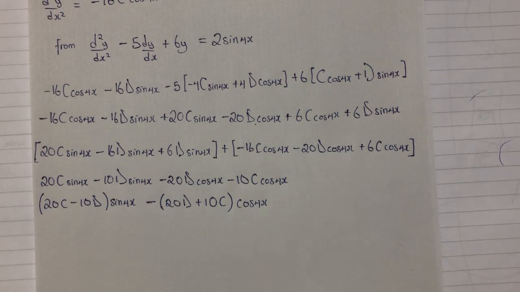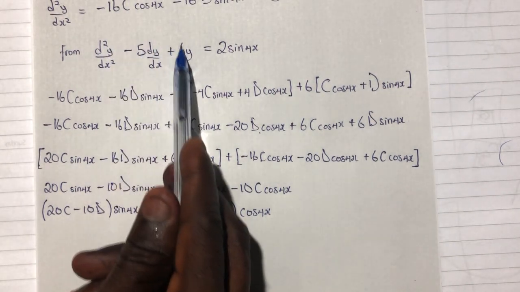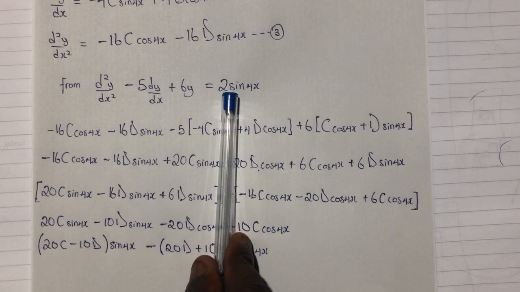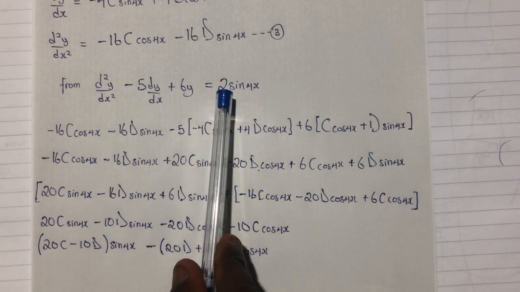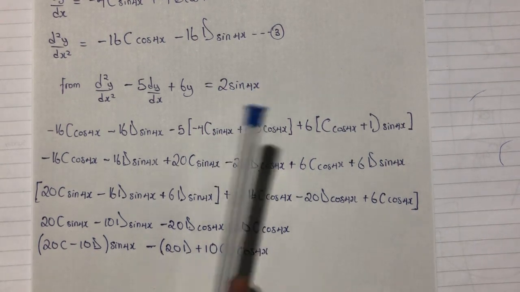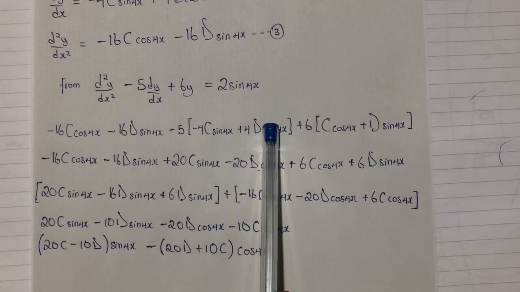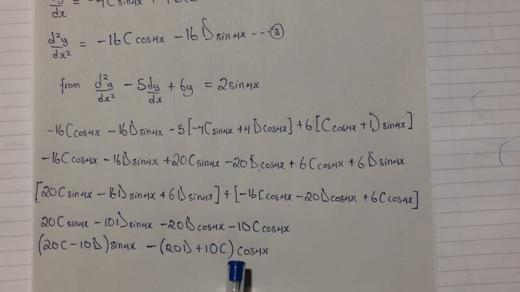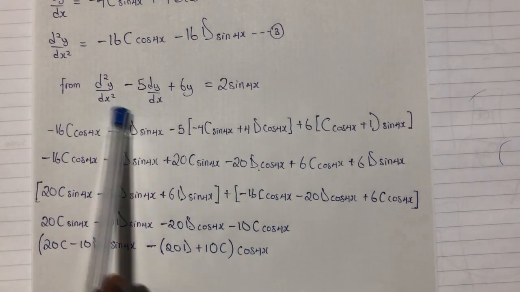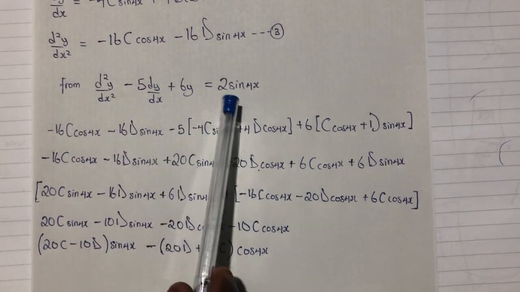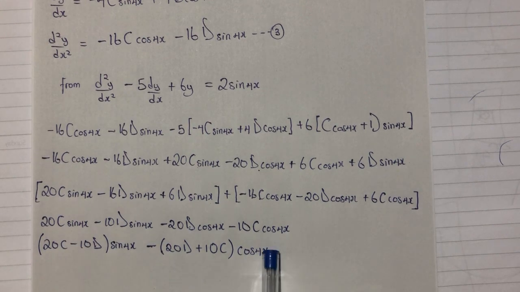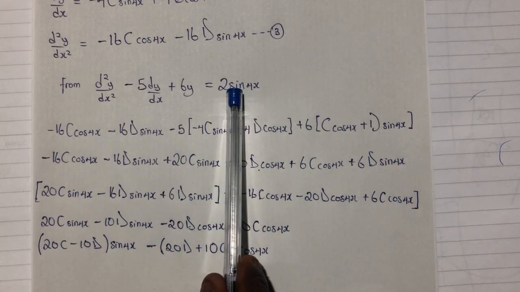Let's not forget that whatever we have here is equal to 2 sine 4x, and everything that we have solved so far from this step, this step, this step up to this side belongs to this part. So I have to equate everything I have here to 2 sine 4x.